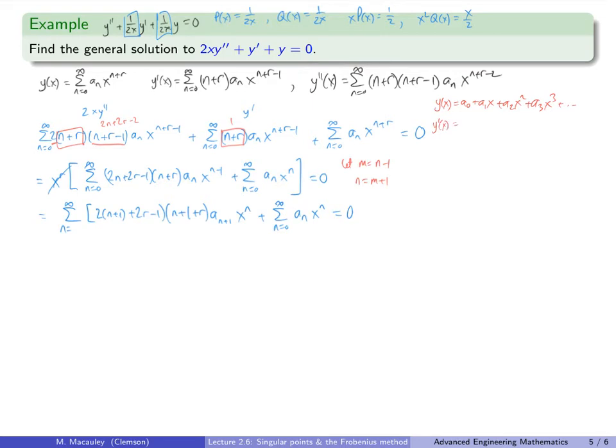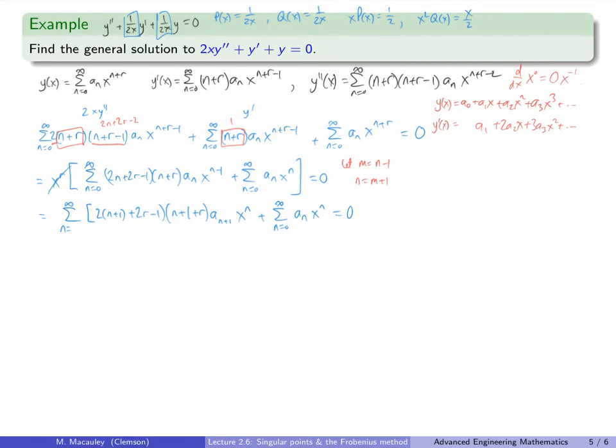It just goes away. So we get a1 plus 2 a2 x plus 3 a3 x squared plus etc.